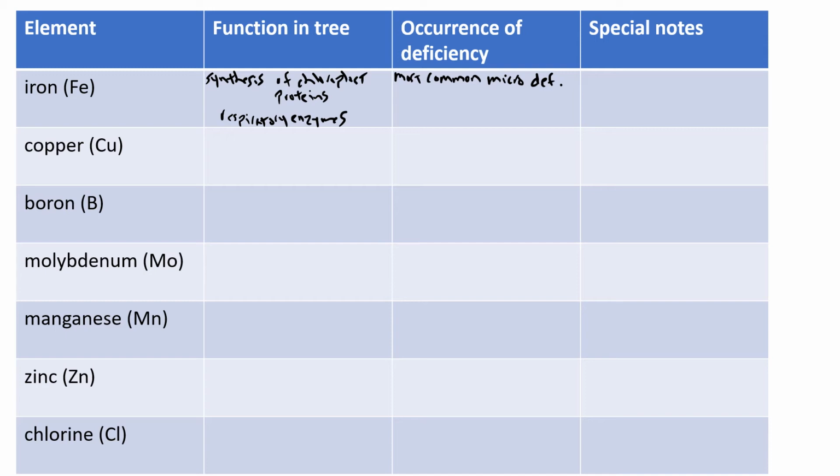And this is interesting because in general there is abundant iron in soils, but it's more available at low pH, so in acid soils.